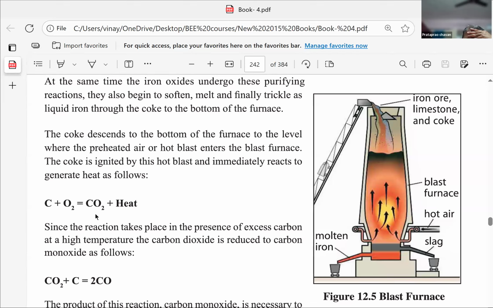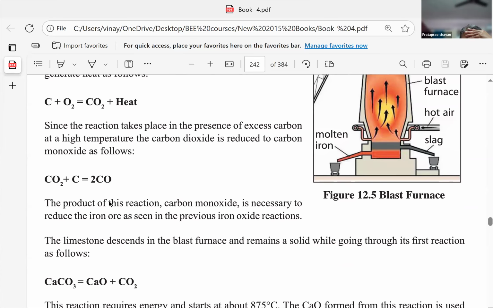This CO2 is the product of complete combustion. You cannot use CO2 for any other reaction because this is a complete compound. If it is CO, yes, it reduces, it always attracts oxygen from something else. So CO we treat as incomplete combustion, whereas CO2 is complete combustion.